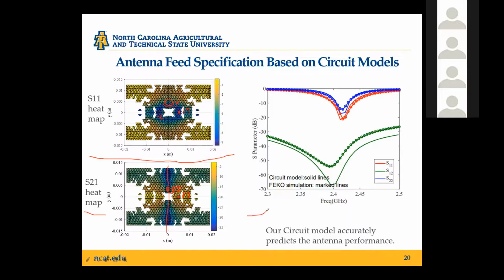And on the right, the figure compares the S parameters estimated by our circuit model and the S parameters calculated with physical feeds using FEKO, and we see pretty good agreement between them.